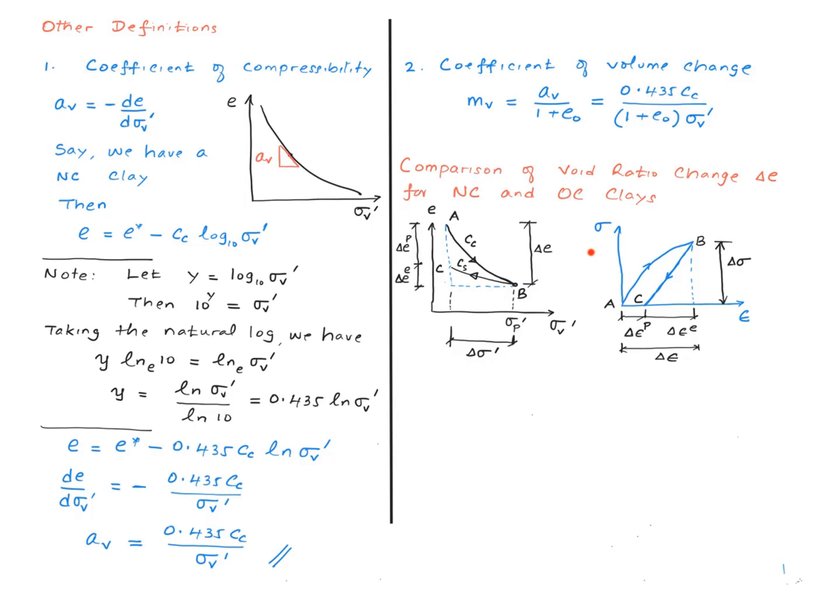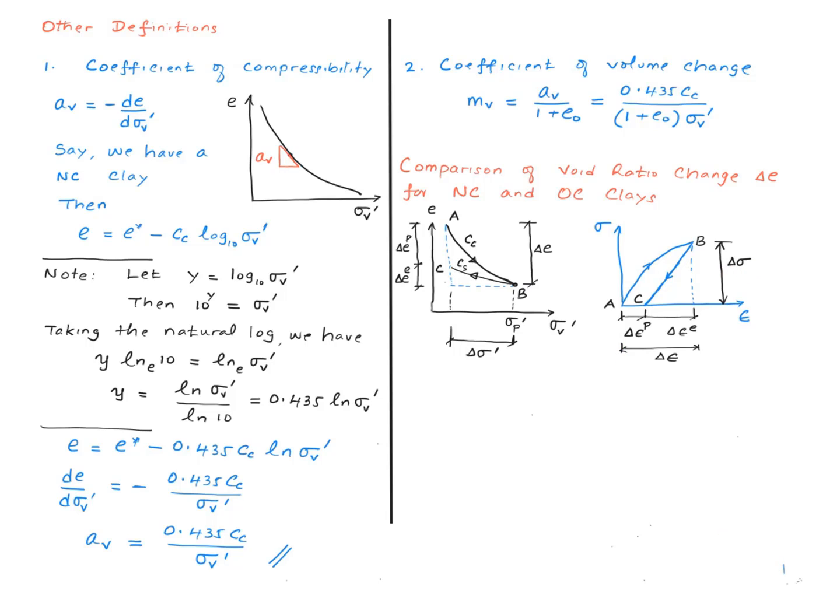Now compare this with something that we are all very familiar with, uniaxial stress-strain relationship for a material, right? So here is the loading curve, here's the unloading curve. So when you unload it, for most material, this part is a straight line, right? So when I go from point A to point B, the stress is increased by delta sigma.